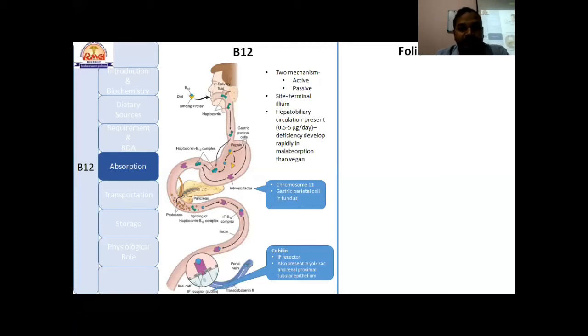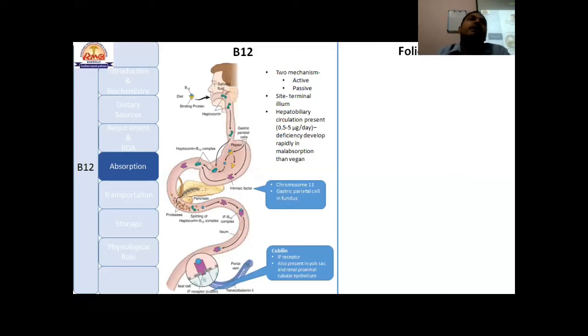Something about tubulin: tubulin is the intrinsic factor receptor. Apart from the terminal ileum brush border epithelium, it is also present in the yolk sac and the PCT epithelium of nephrons, the proximal convoluted tubular epithelium of nephrons.